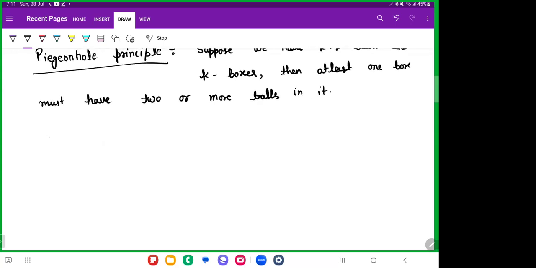Let's quickly recall the strong pigeonhole principle also, and we will see the application.